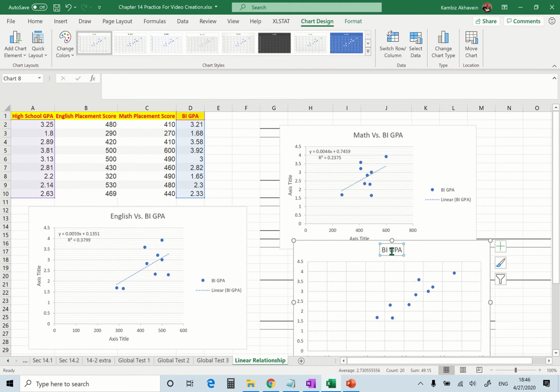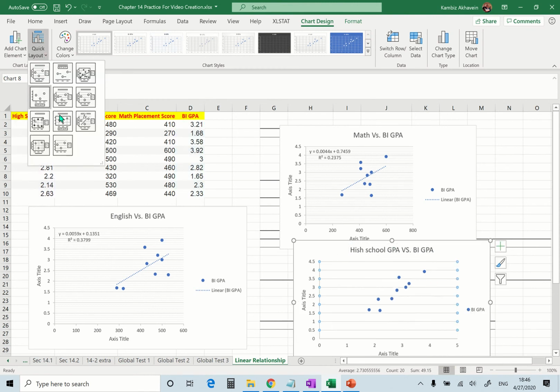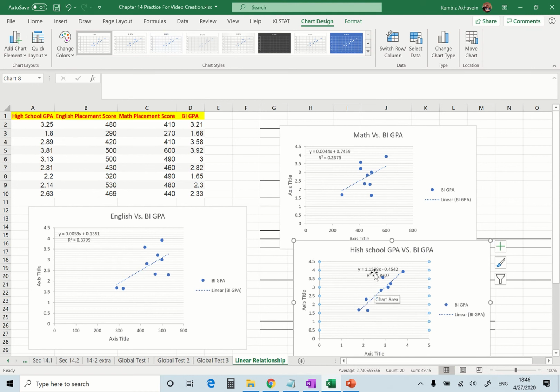So first let me go ahead and do this. This is my high school GPA versus the relationship with BIGPA. If I go to my quick layout and pick this one, you see that coefficient of determination is 0.8, so I have a pretty good correlation.